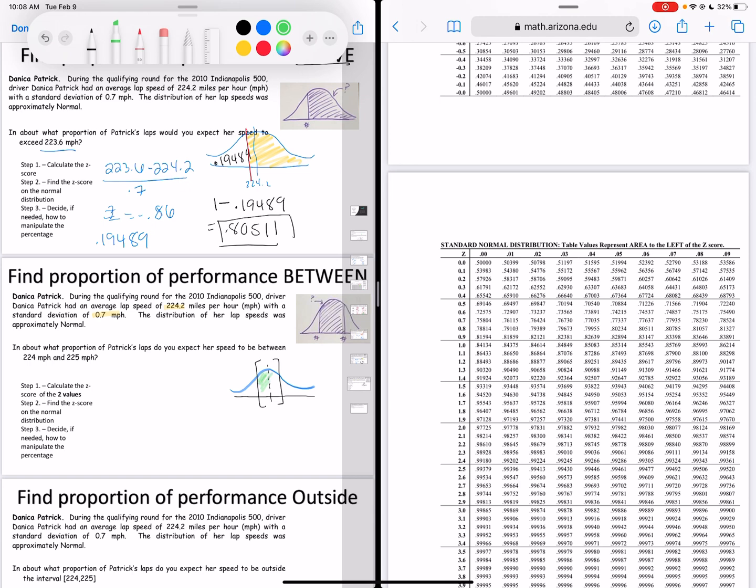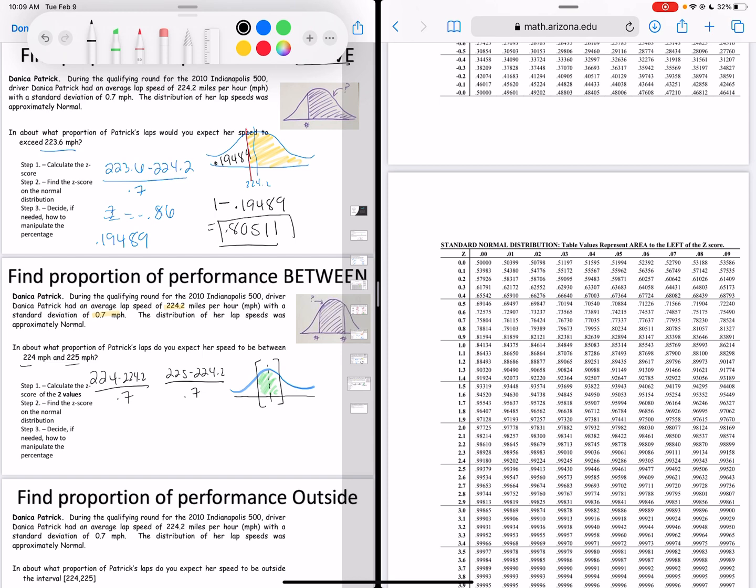Okay, so what you have to do, see how I drew two boundary lines this time? That means you have to calculate two z-scores this time. So we're going to calculate it once with the 224 and again with the 225. So again, subtracting the mean each time, dividing by the standard deviation, which is 0.7. So subtract 224.2, divide by 0.7.